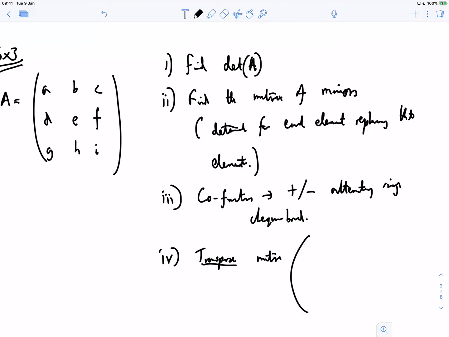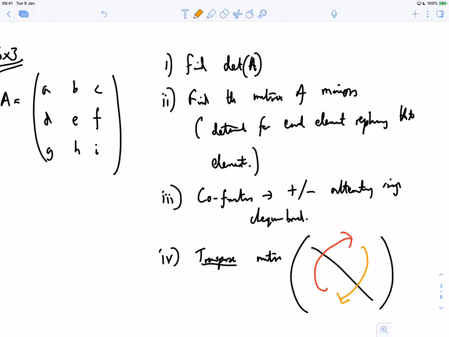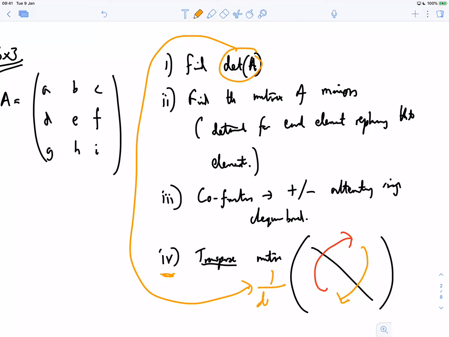And what that means is we keep that diagonal the same, and we flip this side over to here and all of these elements down to here, as if there was a mirror about the diagonal. And then the final part is we take that determinant and we put it in front of that as 1 over the determinant of the original matrix.